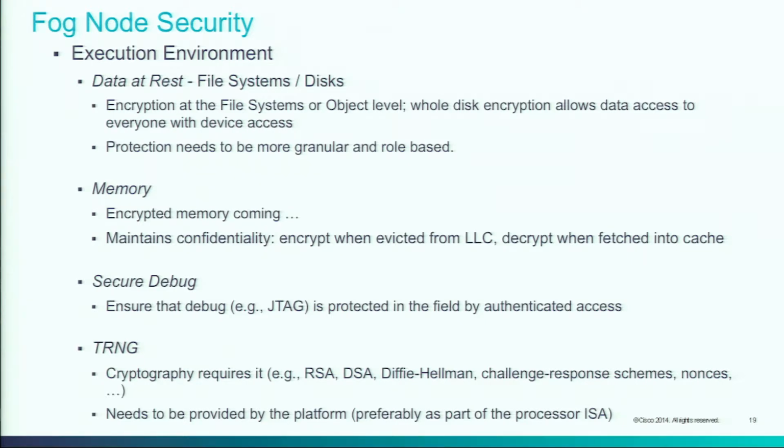Memory. So memory encryption, there's a number of papers out there on it. It's coming. A number of people are talking about implementing it. It maintains confidentiality by encrypting when the data is evicted from last level cache, and decrypting when it's fetched into the cache.